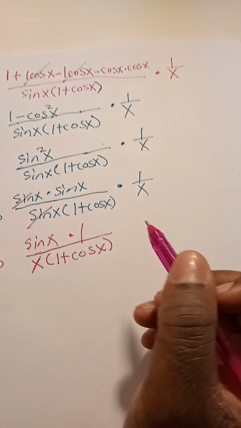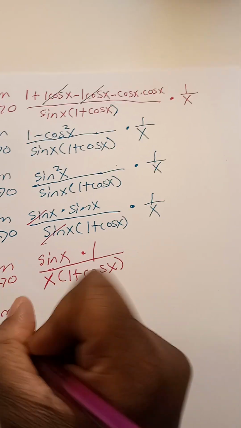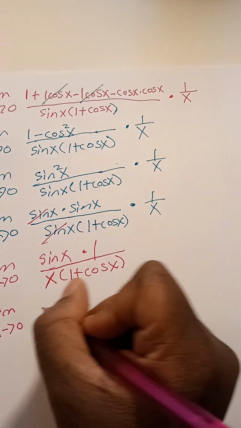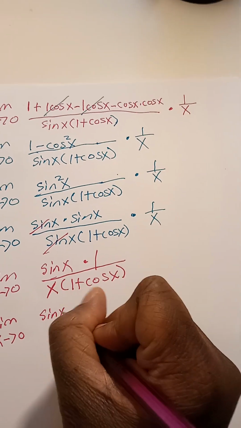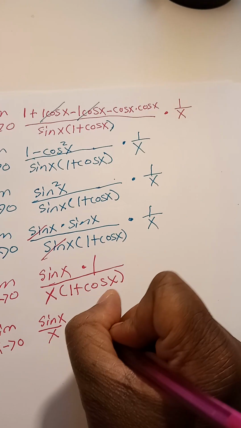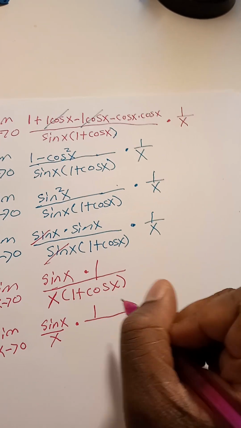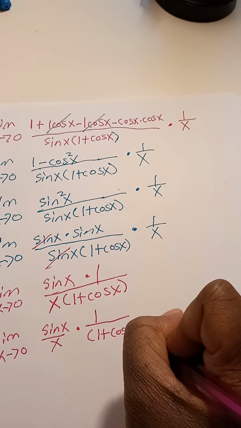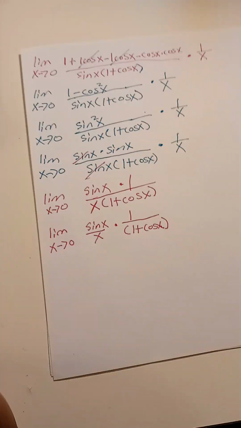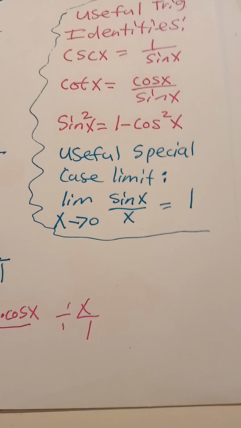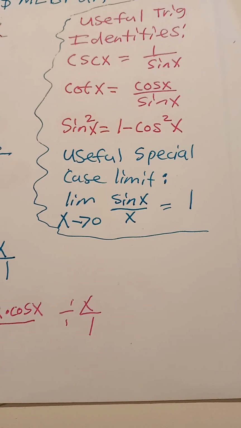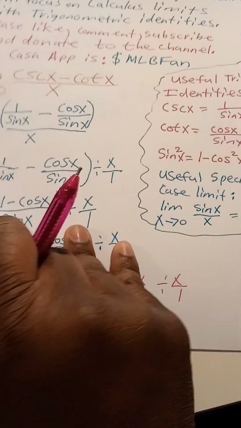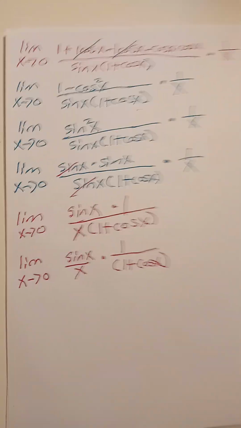So now I could split this apart and say the limit as x goes to 0 of sine x divided by x, and then times 1 over 1 plus cosine of x. And let's bring back that special case limit from the previous page here. As we see, the limit as x goes to 0 of sine x divided by x is equal to 1. That's why we want to write it like this.